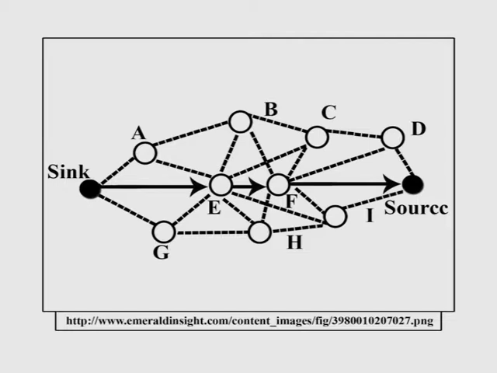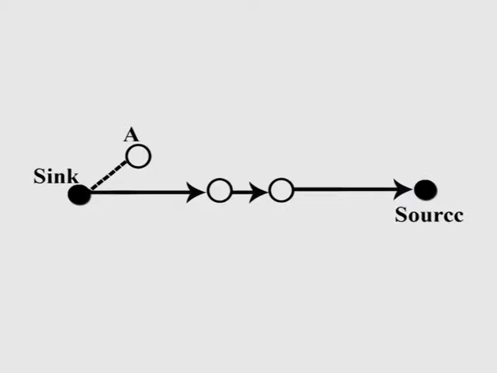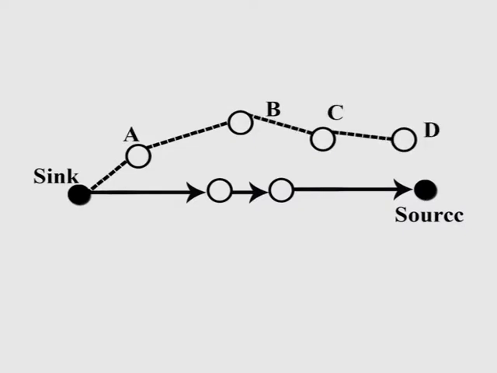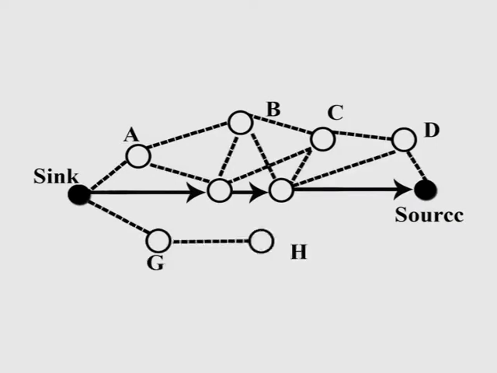In this figure, there are many paths available between the node marked sink and the node marked source. These are sink, A, B, C, D and source. Another path can be sink, G, H, I, source. Another path can be sink, G, E, H, I, source, and so on.